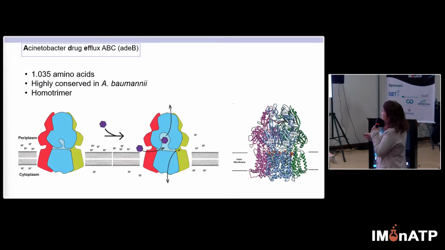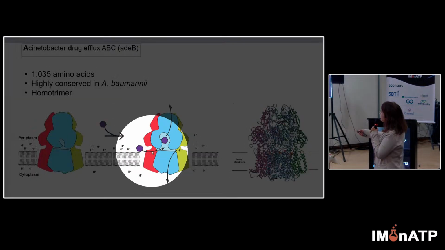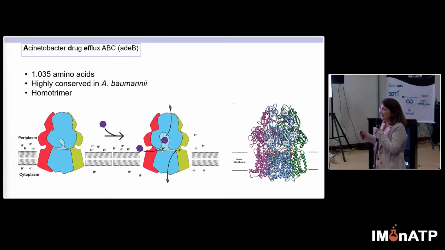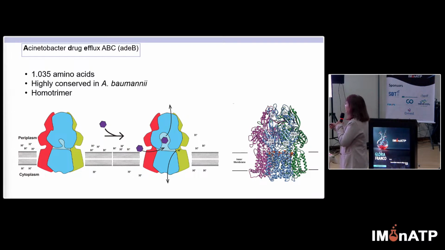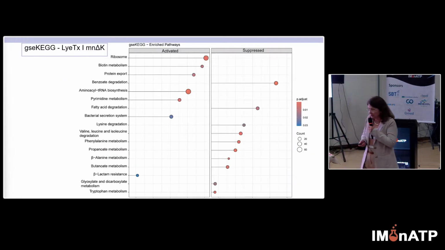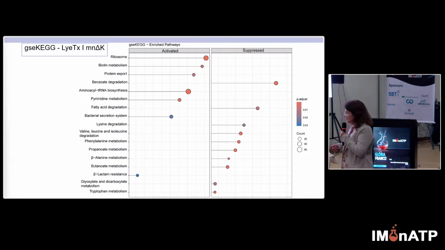And the other one is another efflux that was upregulated when the condition was the synergism. And then different kinds of pumps are used in the synergism compared to only the peptide. And also we looked for other processes because we had many genes differentially expressed.